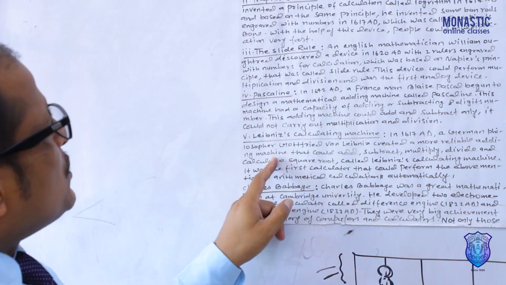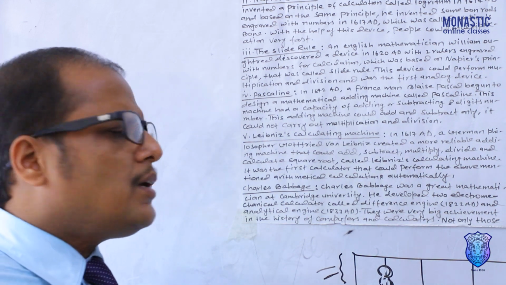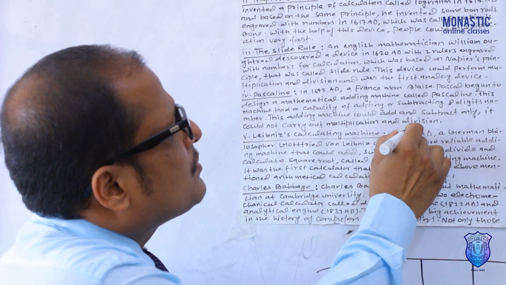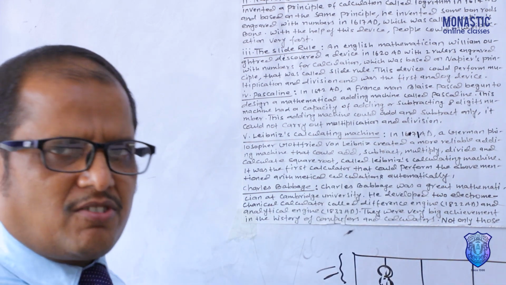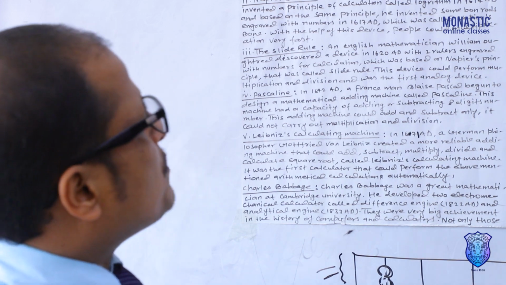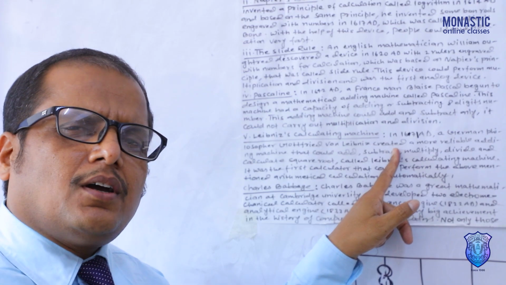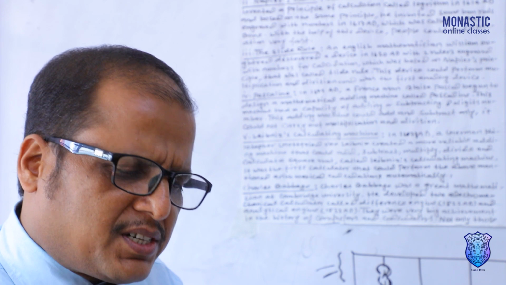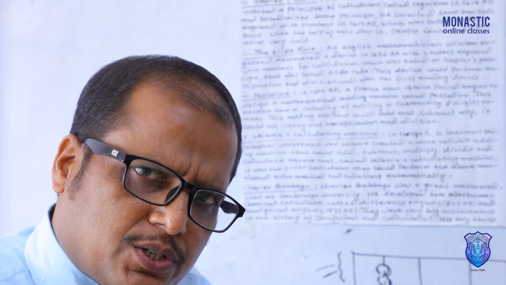Now next one is the Leibniz calculating machine. In 1671 AD, a German philosopher named Gottfried von Leibniz created a more reliable adding machine that could add, subtract, multiply, divide, and calculate square roots.